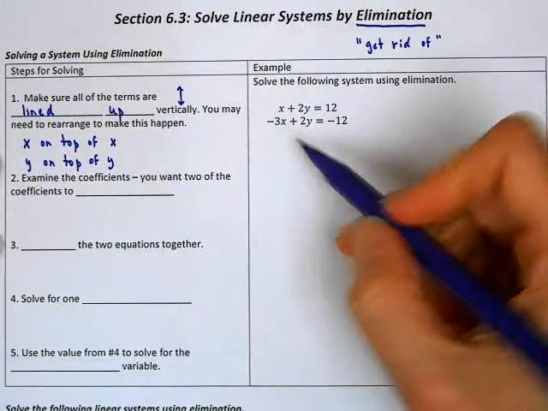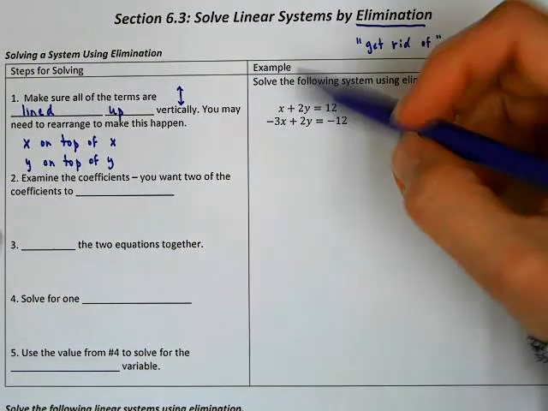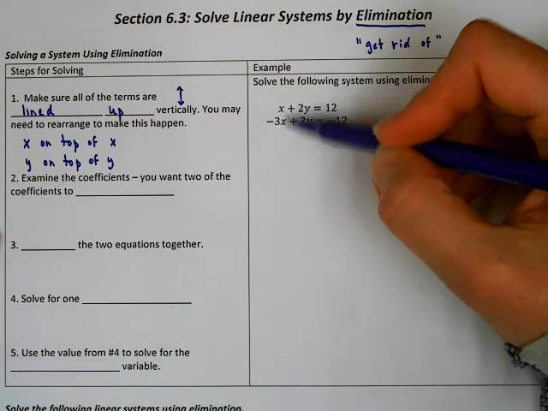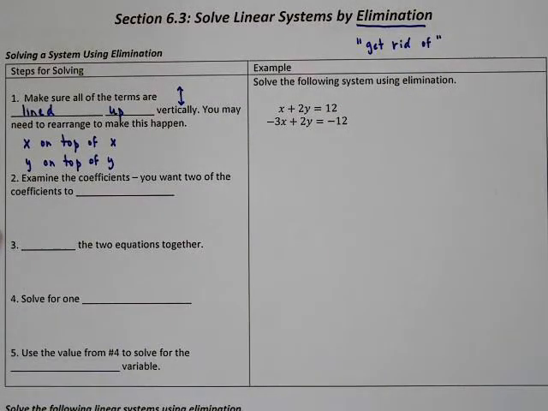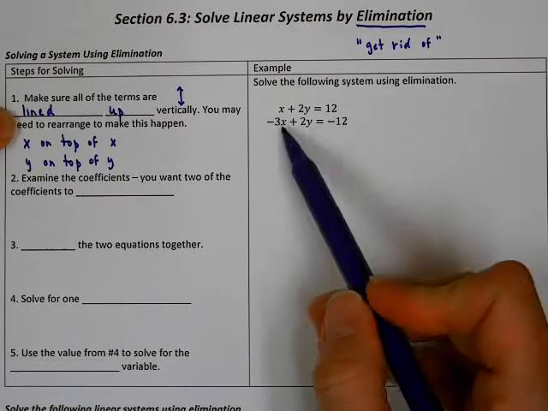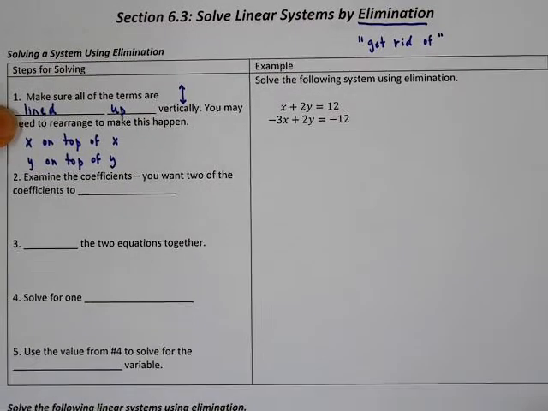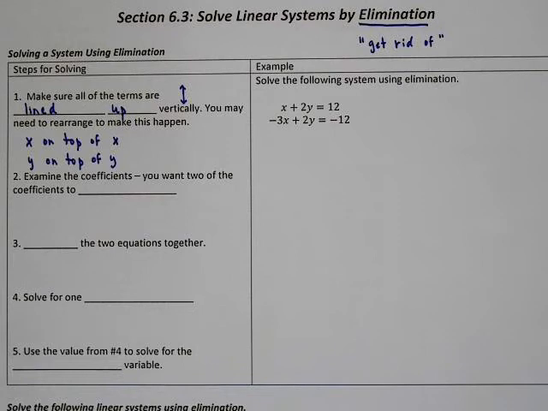In our equation here, we can see our x terms, one is on top of the other, and our y terms, one is on top of the other. That's what we mean by being lined up. In this problem, that's been done for us, but that won't always be the case.